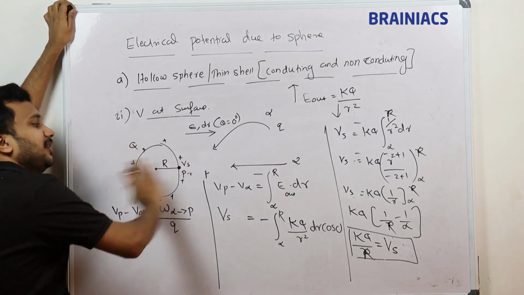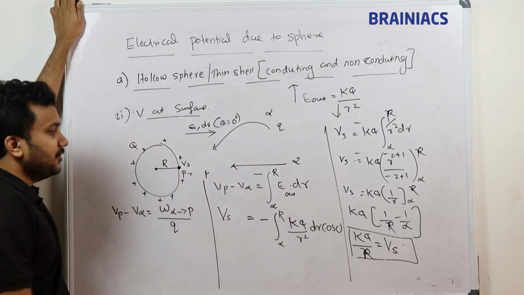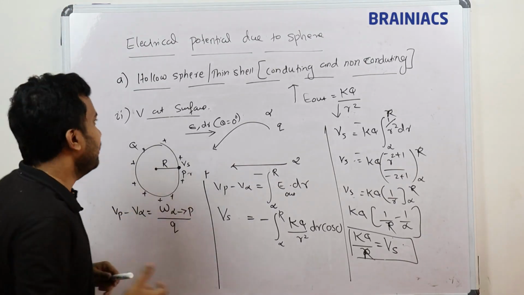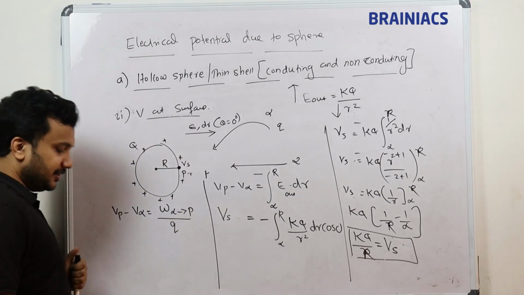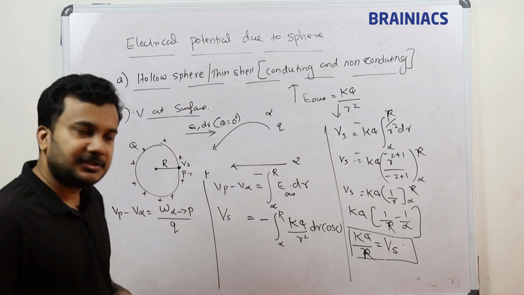So this is the potential at the surface. The formula is KQ divided by capital R. If it is outside, KQ divided by small letter r.